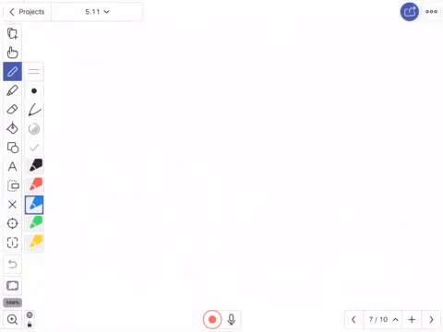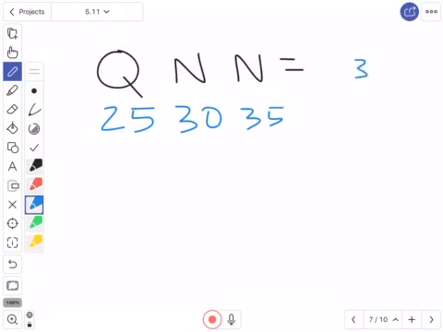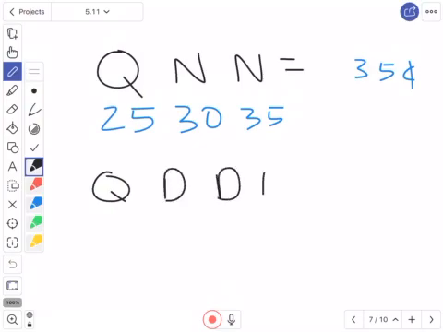Okay, now I'm going to throw in that quarter. Remember, quarter equals 25. So quarter, 25, and nickels are 5. 30, counted by 5s. 35, so 35 cents. Okay, I'm going to do quarter, dime, dime, nickel.